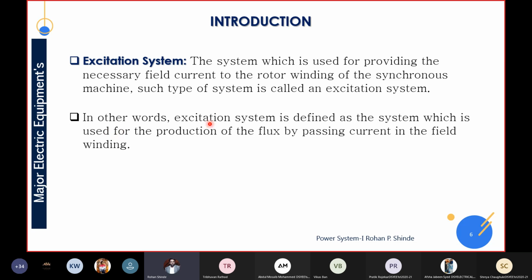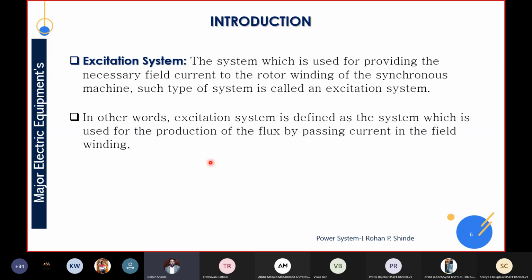Now we know that for the production of torque, or if we have to produce an EMF, we require conductor, we require magnetic field or flux, and relative motion, right?